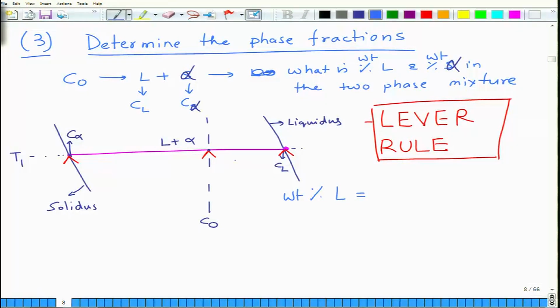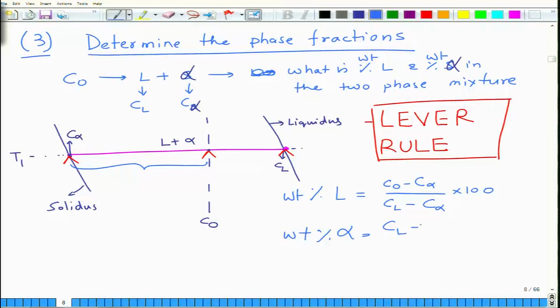So weight percent of liquid is equal to the difference between these two, that is C naught minus C alpha, divided by the total difference, that is C alpha minus C liquid, minus, sorry, C liquid minus C alpha, into 100, and weight percent of alpha will be equal to C liquid minus C naught divided by C liquid minus C alpha into 100.